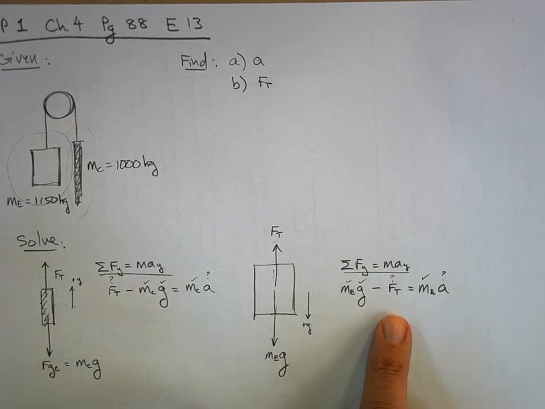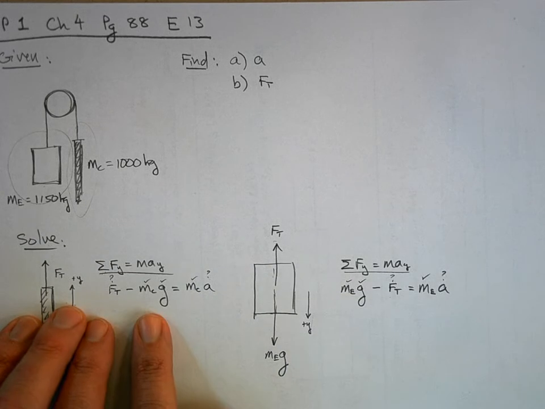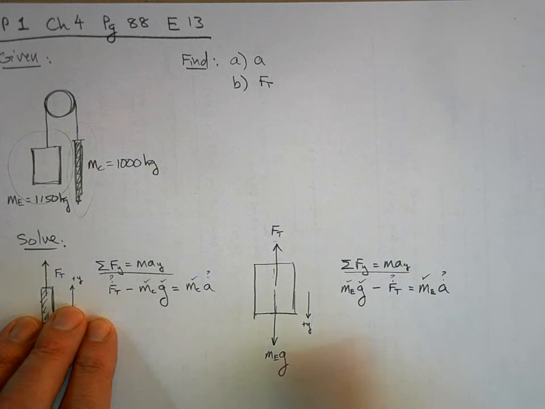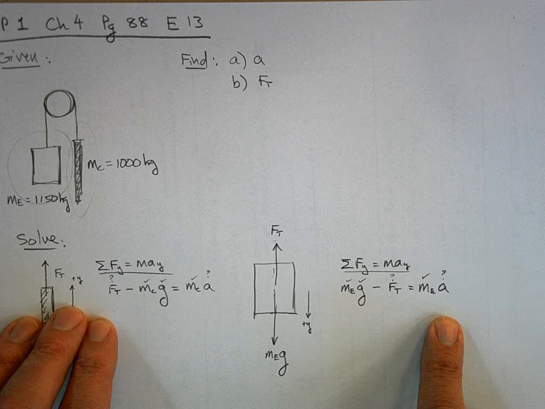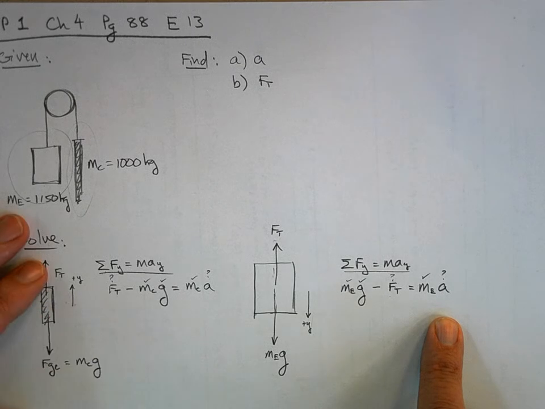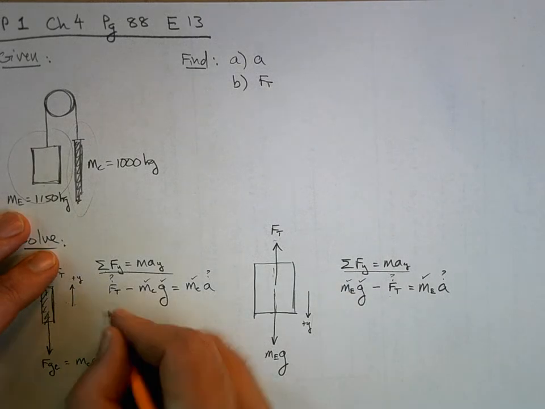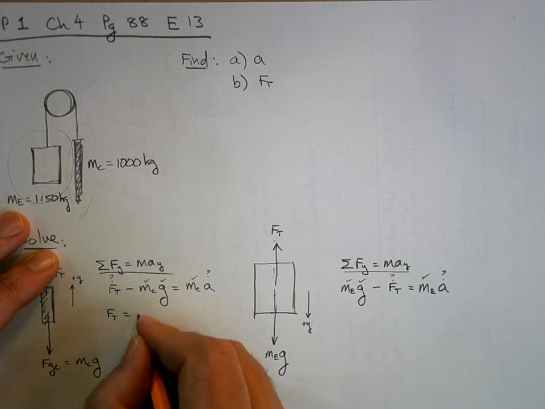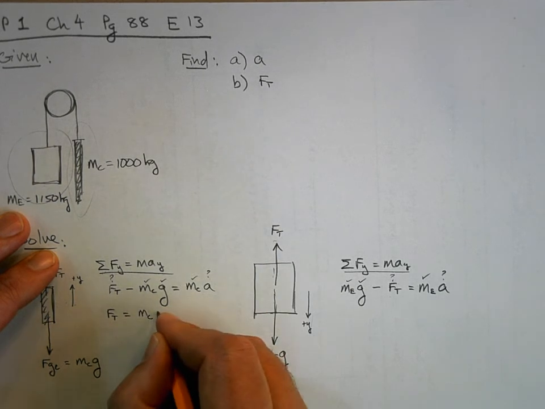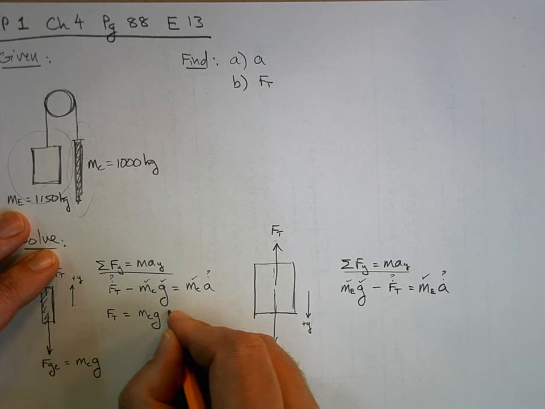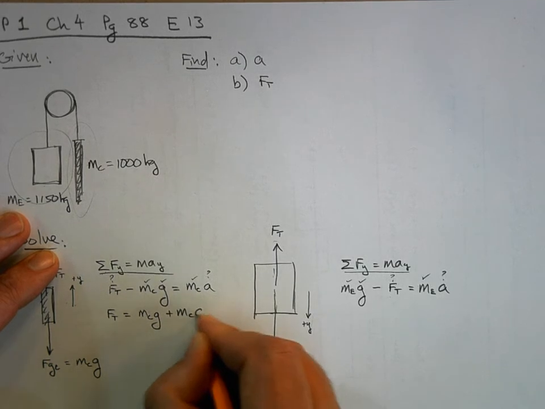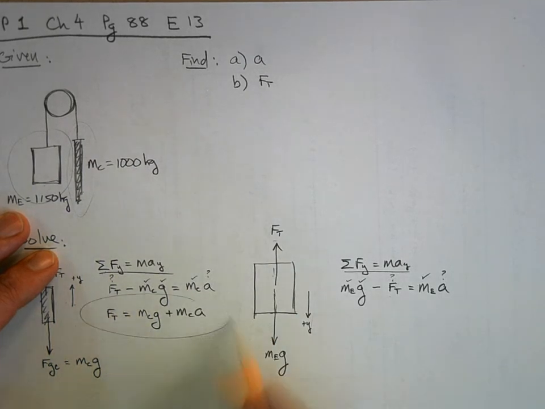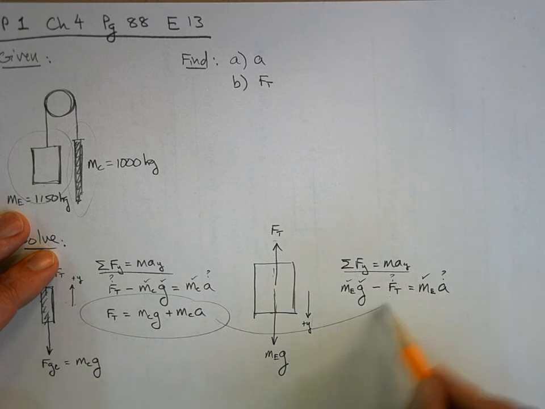Here's what I'm going to do. I'm going to solve for the tension force over here, because it's easy, and substitute it over here and solve for the acceleration. And I'm going to do this kind of fast because I'm running out of time. The tension force is, I'll add mcg on the other side. So this is mc g plus mc times the acceleration. And I'm going to put this over here.